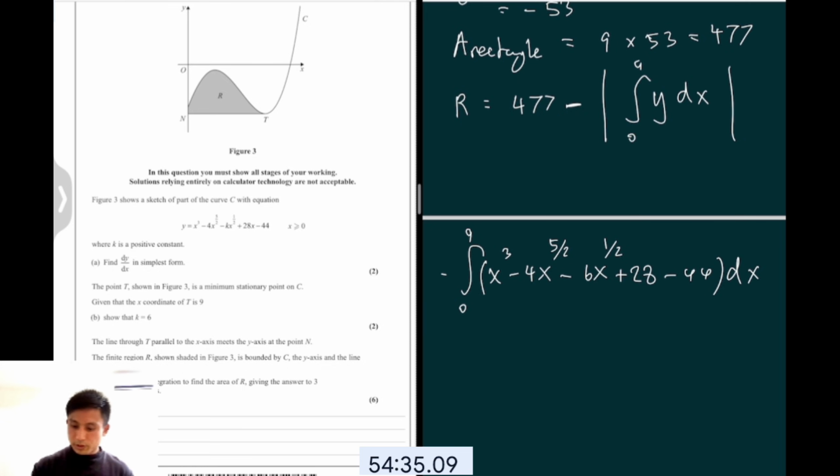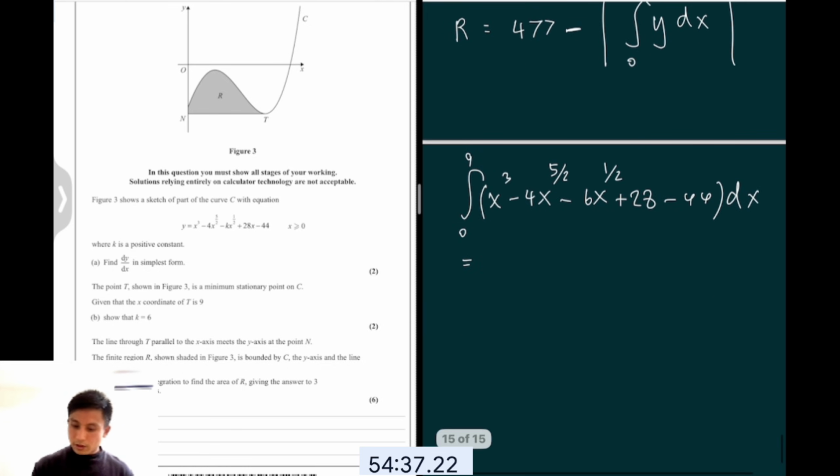And then that would be x to the power of 4 over 4 minus, adding 1 would be 7 over 2, so that's 2 over 7, so that's 8 over 7 times x to the power of 7 over 2 minus, adding 1 would be 3 over 2, so 2 over 3 times that, so you get 4 x to the 3 over 2.